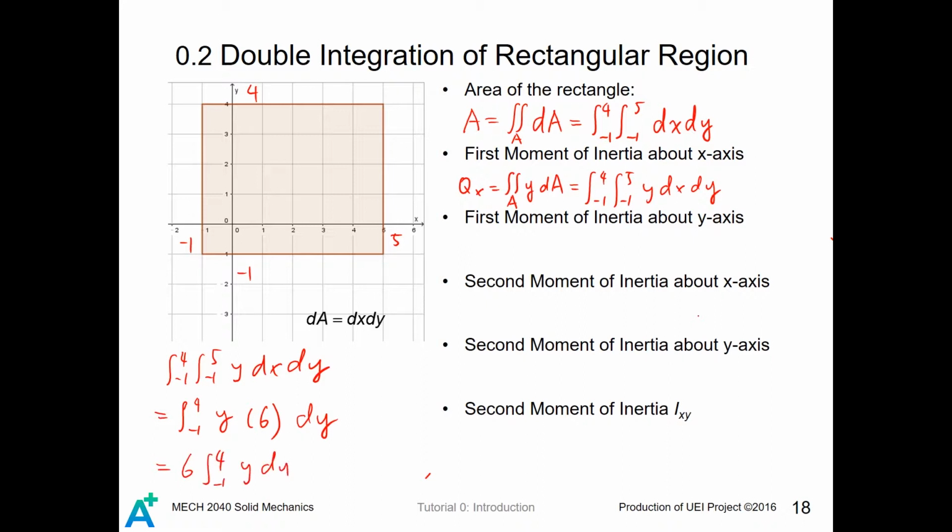After you integrate y dy, you will obtain 6 divided by 2 times y squared, because you will have a denominator developed. Then the upper and lower limits are still -1 to 4. It equals 3 times 16 minus 1 equals 45. Therefore, we know that the first moment of inertia about the x-axis is 45 for this rectangular region.